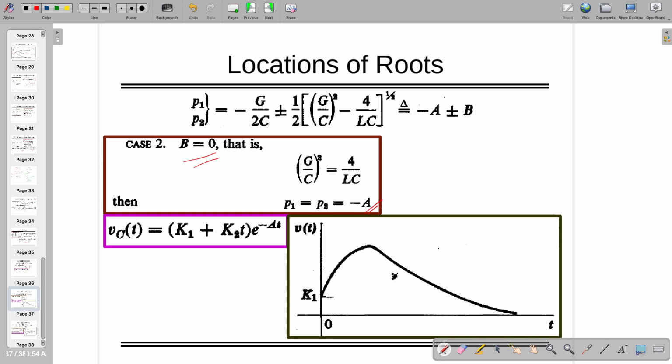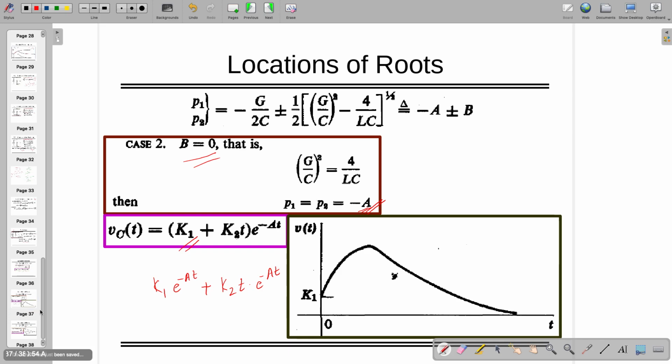You are going to have two roots at the same place. If there are two roots at the same place, how do you find the solution? First is k1 times e raised to minus at, where a is the root, and another one will be k2 times t times e raised to minus at. So you keep those things and you can get the answer.